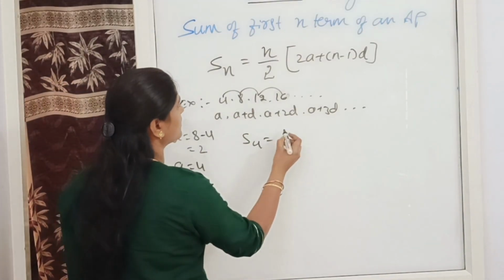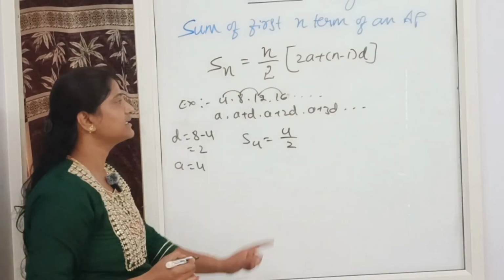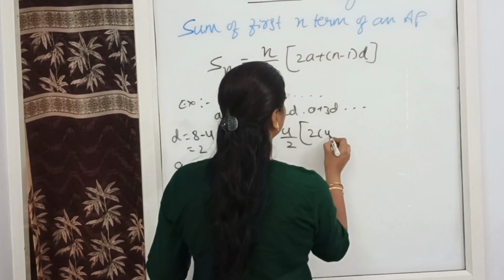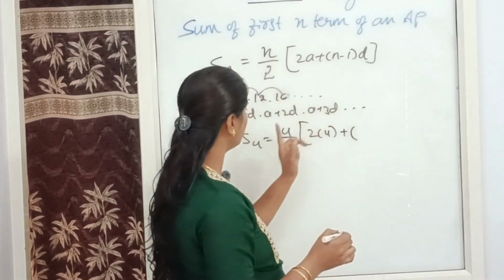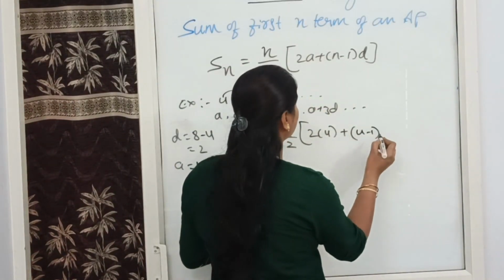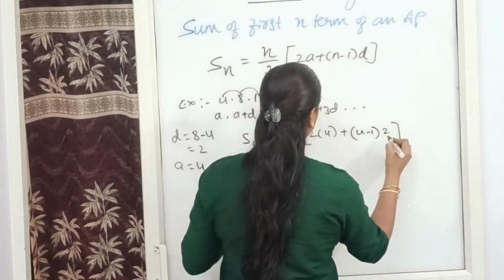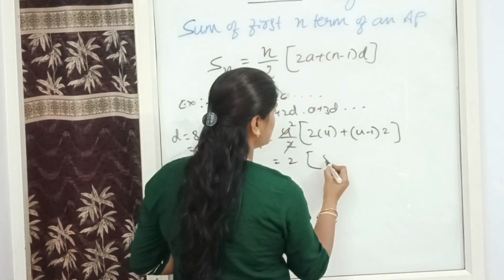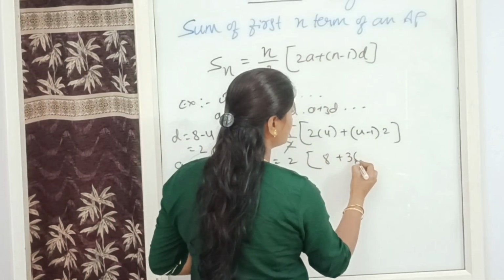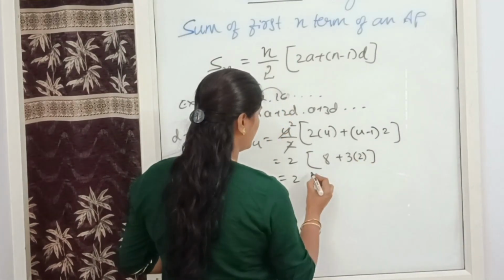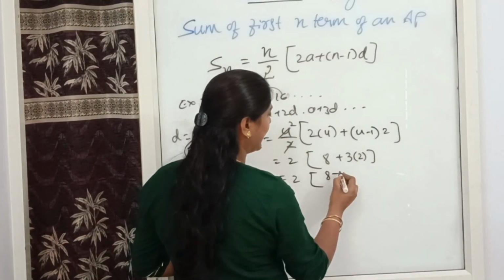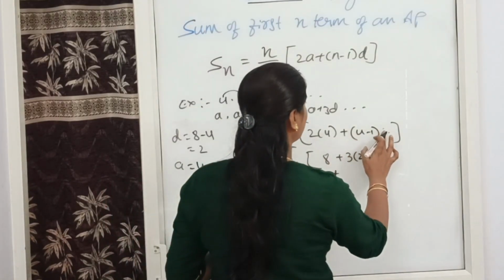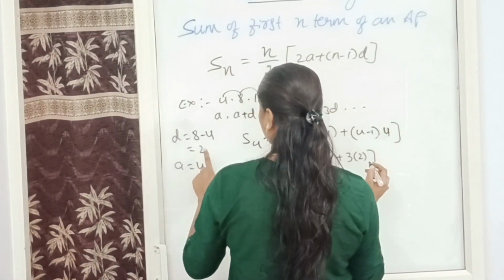So S4 is 4 divided by 2, in the place of n, 4, into 2 times A, which is 4, plus n minus 1. n is 4, so 4 minus 1 into D. What is the common difference? 4, right?